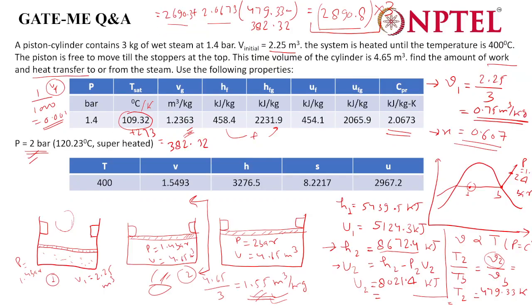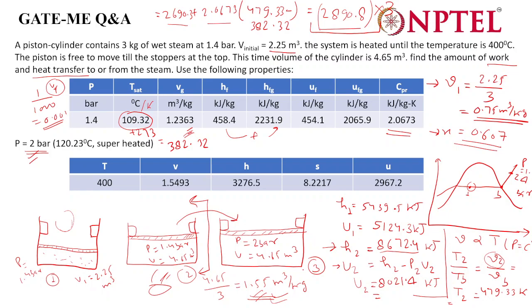Now coming to from here to here, what process is there? Constant volume process, right? 2 to 3, let's suppose this is stage 3. Getting or not getting? Yes, sir.